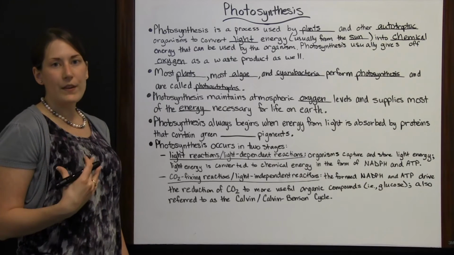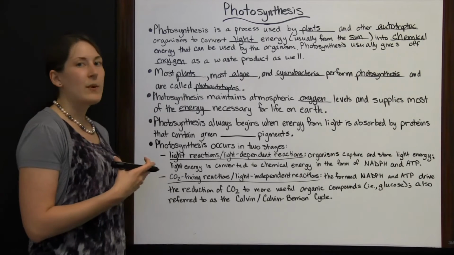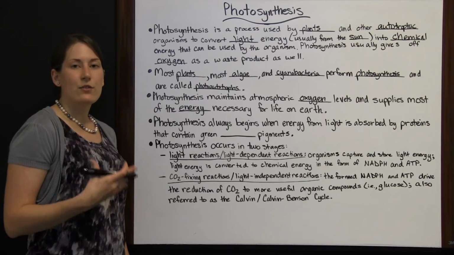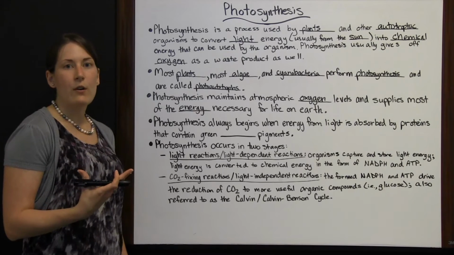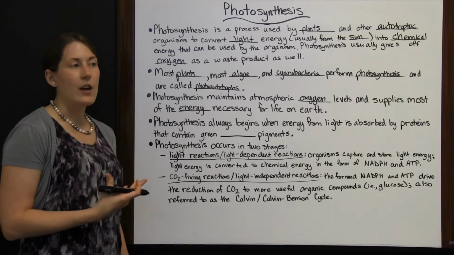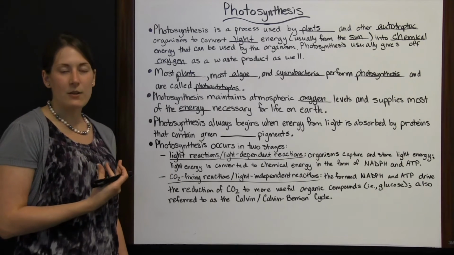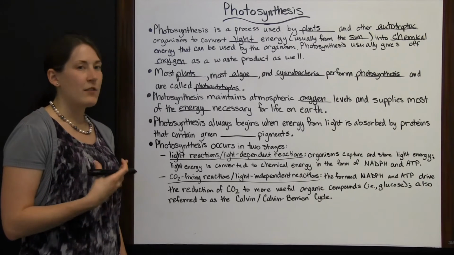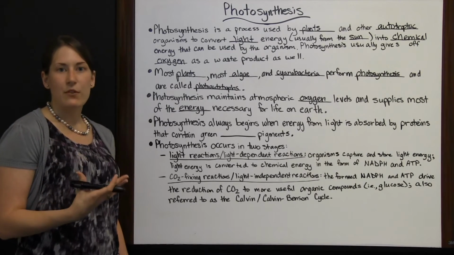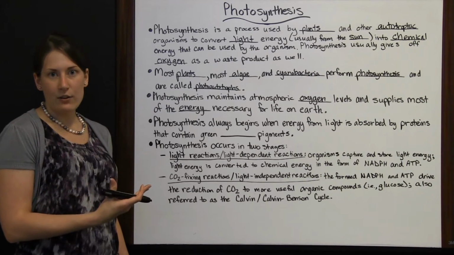Even though you don't feel like you're eating light or getting your energy just from light, if you eat a vegetable, then you're eating something that has only been able to grow because it used light energy to provide nourishment for itself. If you were to eat a cow, if you had a hamburger, then you would be eating another heterotroph.